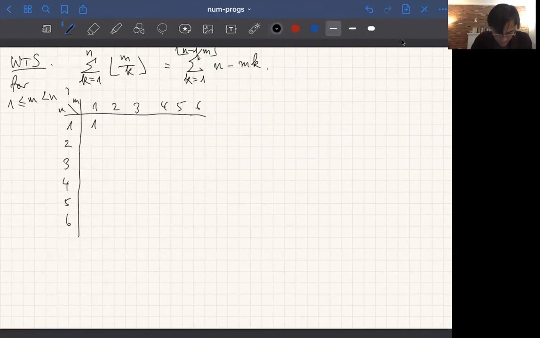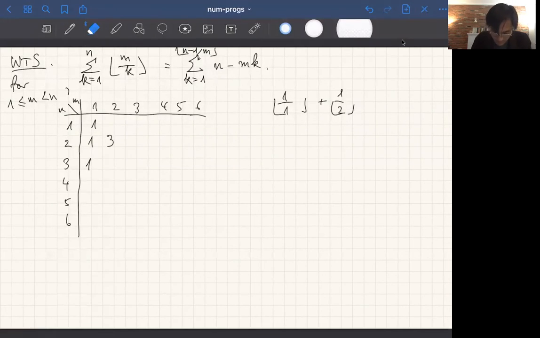Okay, so for 2, we have k equals 1 to 2 of 1 over 1 floor plus 1 over 2 floor, so that's just 1. And then now 2 over 1 floor plus 2 over 2 floor, that's 3. That makes sense? Okay, so this is always going to be 1.